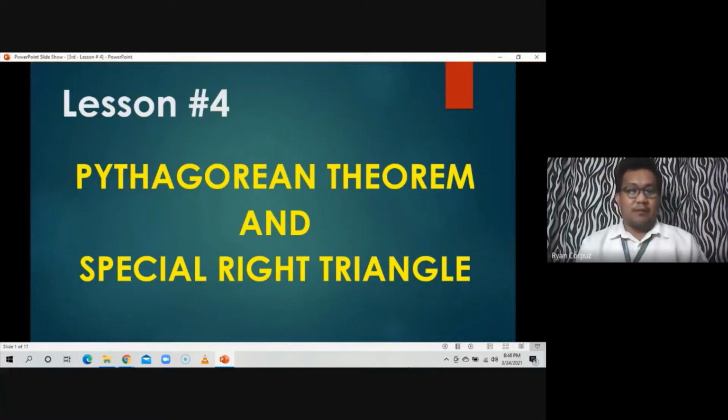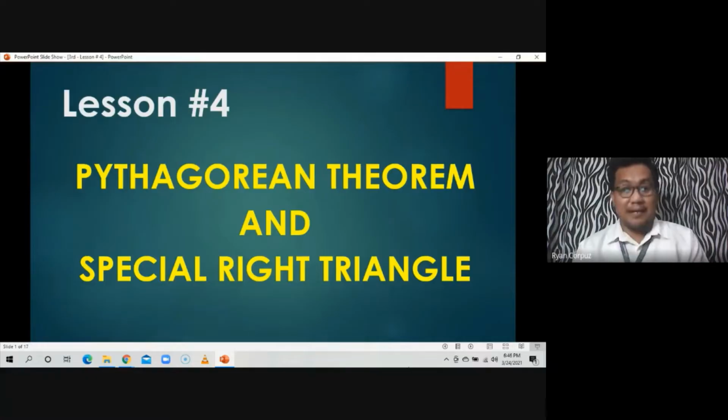So these lessons that we are going to tackle today will be used when we are going to encounter right triangle. So these two lessons are for right triangle, namely the Pythagorean Theorem and the special right triangle.